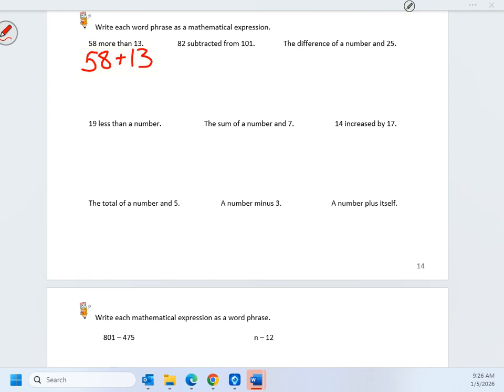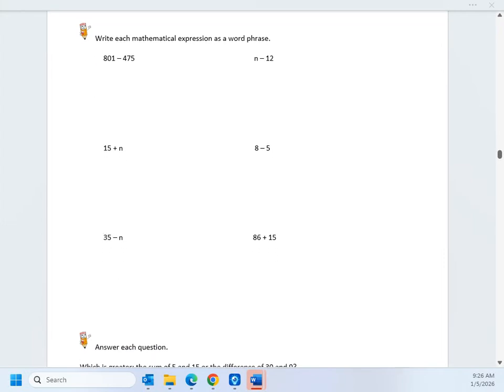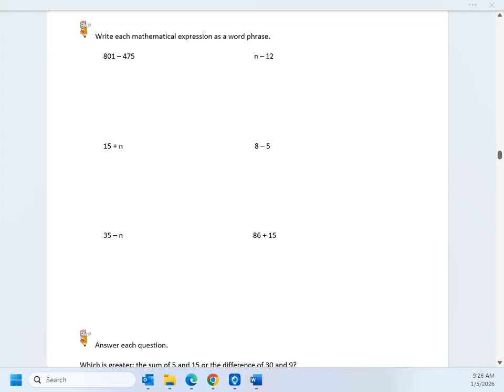Any questions on how to write an expression? So again, I do not want to see equals this number. We are only taking that verbal phrase, those words, and putting it into the expression. No math. Just write the expression. Then let's look at our second page. At the top, we're going to do the opposite. Write a mathematical expression as a word phrase.